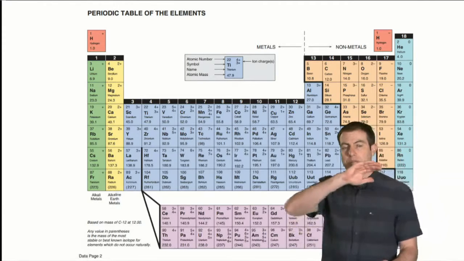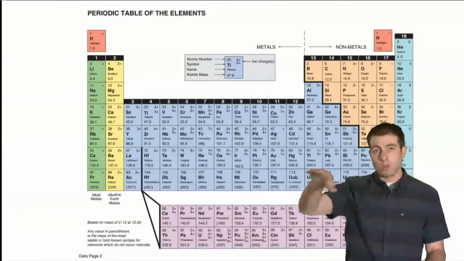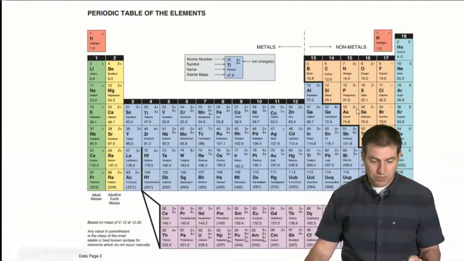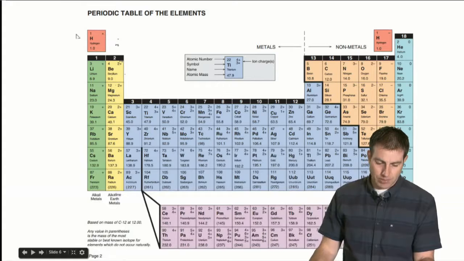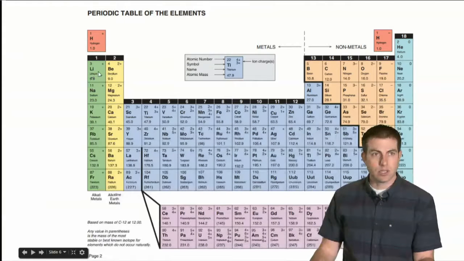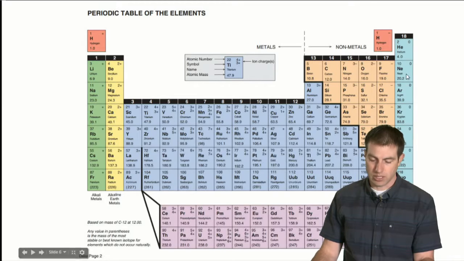When we talk about periods, or rows, in the periodic table, the first row is kind of confusing. It's hydrogen and helium. That's the first row if you go across. And then the next row starts at lithium, it goes across and skips this gap in the middle, and then it goes across from boron, carbon, nitrogen, oxygen, fluorine, neon.